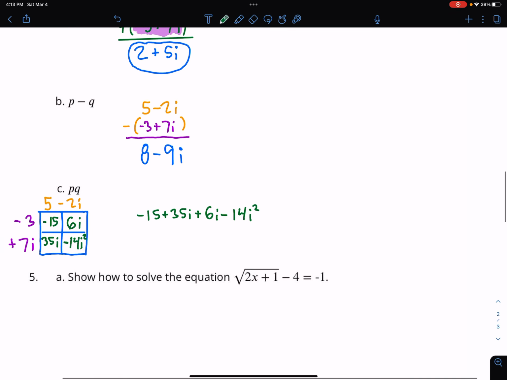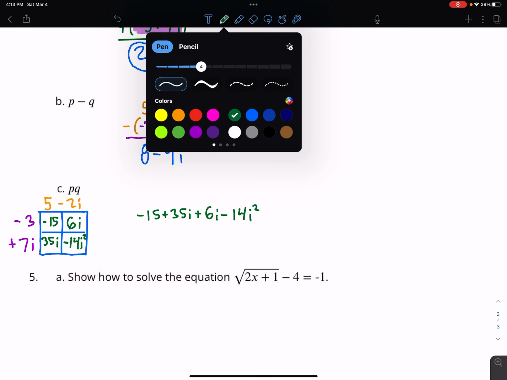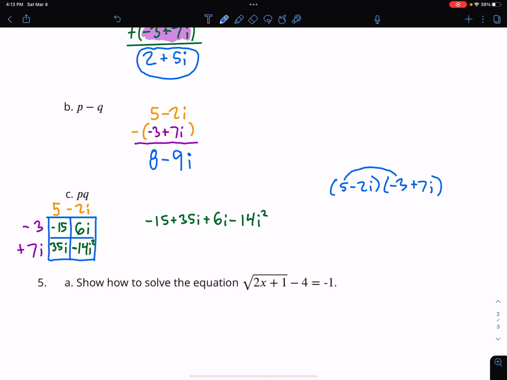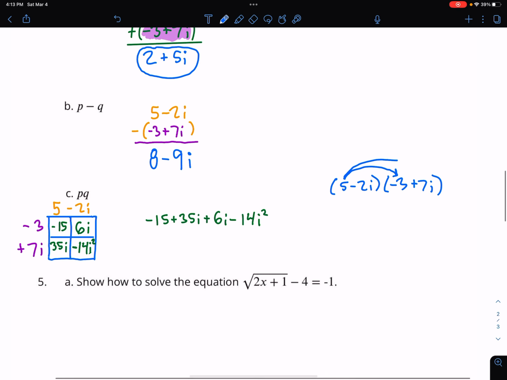Just bear with me for one super quick second while I remind you what's going on, why we did that. We've got 5 minus 2i times negative 3 plus 7i. And all we're doing here with that square is just using the distributive property. We've got to multiply the 5 times both of those things. That's where we got the negative 15 plus 35i.